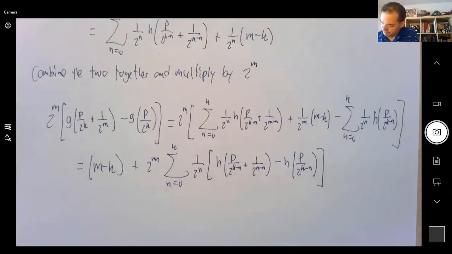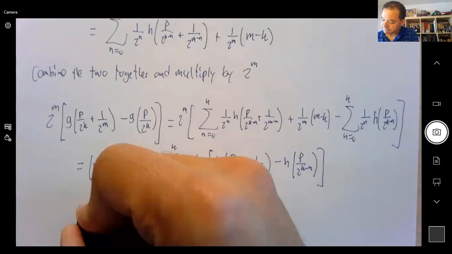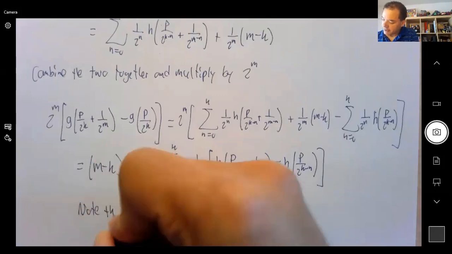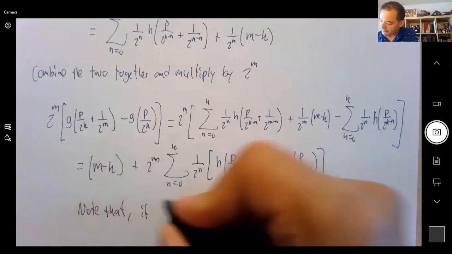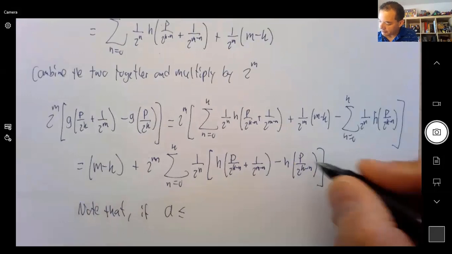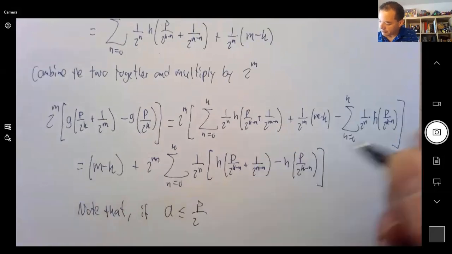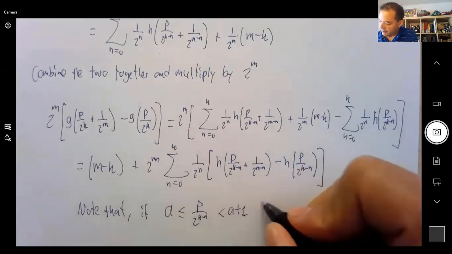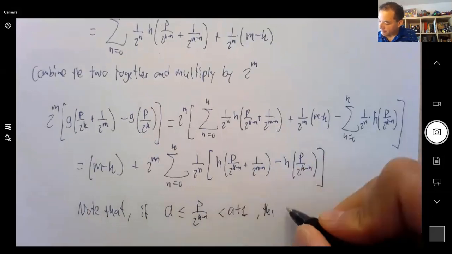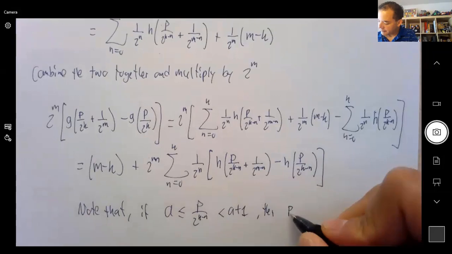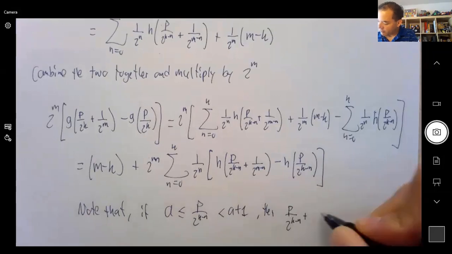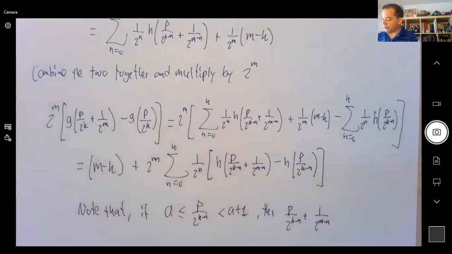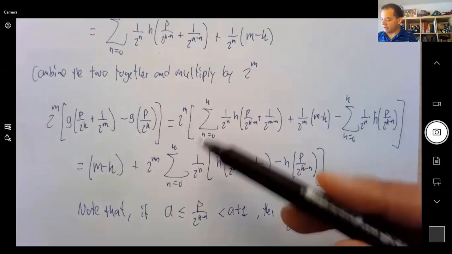So note that if we have the integer part of this number, I don't know what it is, could be anything depending on p. If I add a little power, 1 over 2 to the m minus n, well, the largest power I could be adding is when n is 0, right?